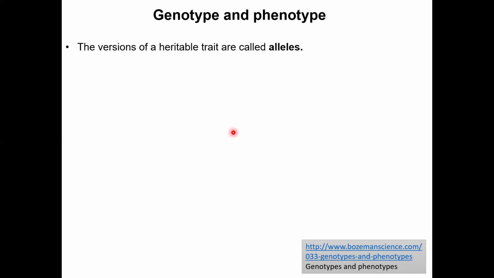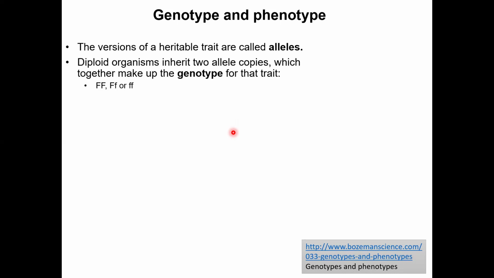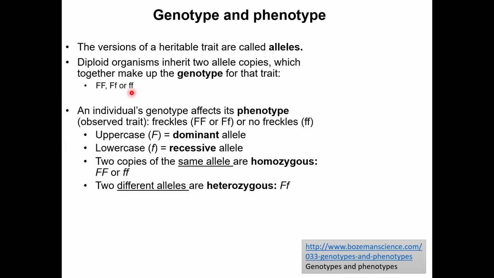There are heritable versions of a trait called alleles, and diploid organisms, which is what we are, inherit two allele copies, which make up the genotype for that trait. In this case, it can be written like big F, big F, or big F, little f, or little f, little f, and those will mean something in a few seconds.